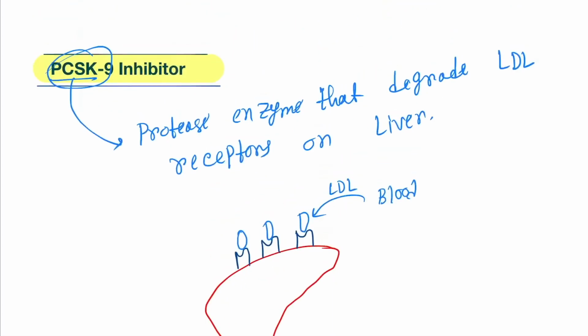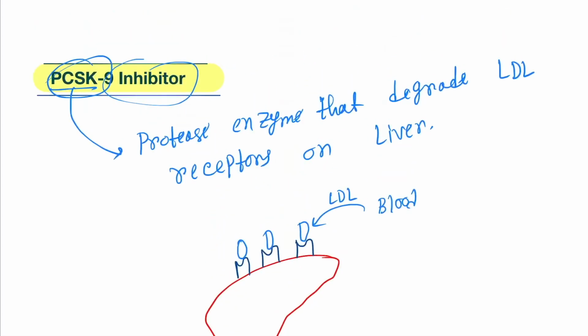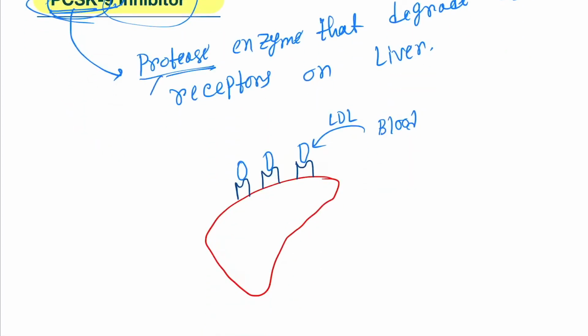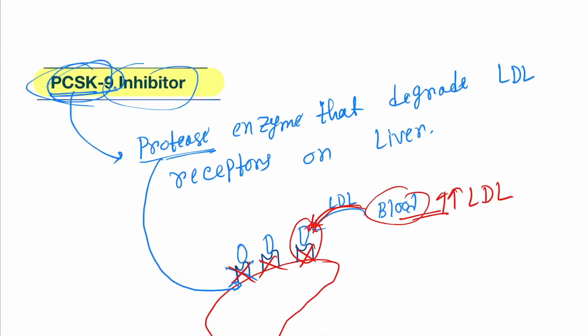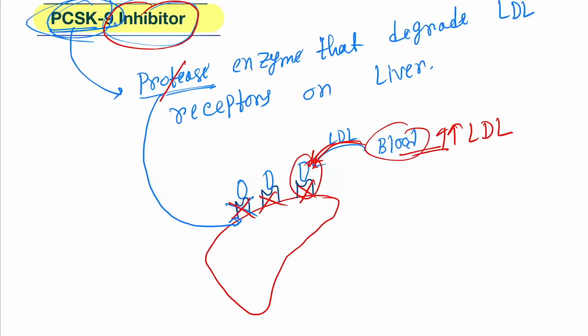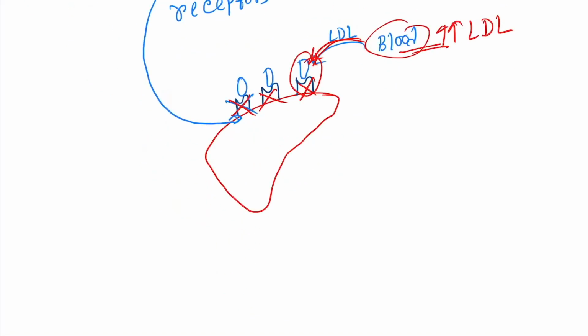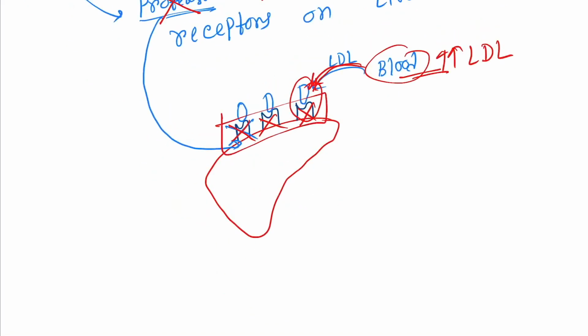PCSK, this protease enzyme, causes degradation of these receptors. So blood LDL will increase because it is not able to come to the receptor. The inhibitor will inhibit the enzyme so it cannot act on these receptors, and LDL will be able to bind to these receptors.